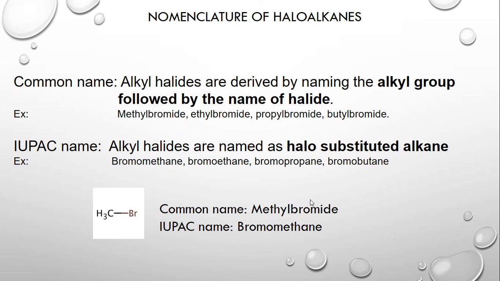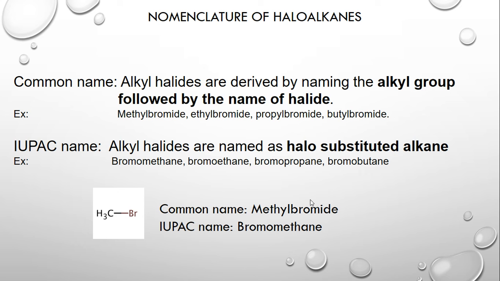Now we will see the nomenclature of haloalkanes. The first one is the common name and the second one is the IUPAC name. The common name is written as alkyl halide. Alkyl halides are derived by naming the alkyl group followed by the name of the halide. Alkyl group means when you remove one hydrogen atom from an alkane, it is called alkyl.